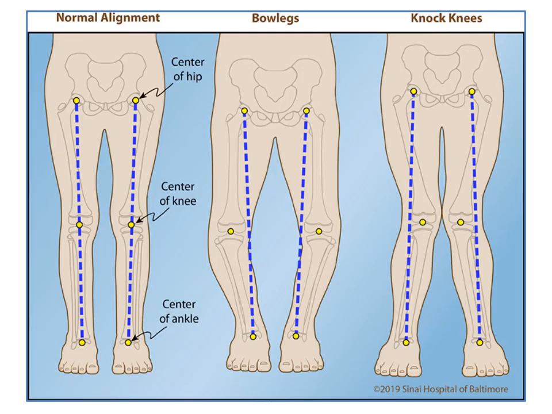For the bow leg and knock knee, that's genu varum and valgum, as I said, usually the problem is in the axis from the head of the femur down to the knee joint.